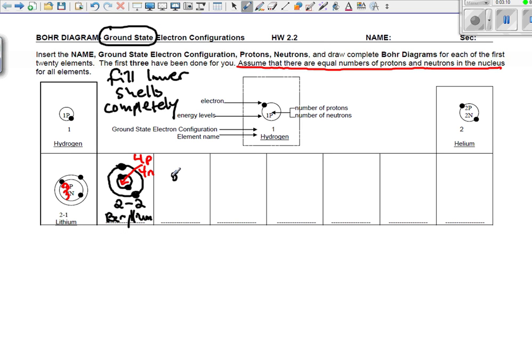Let's make my circle. 2-3 boron. 2 in the first shell. 3 in the second shell, and once again inside, same number of protons as neutrons. And keep in mind, these are the ground state configurations, exactly what you're getting off the table.